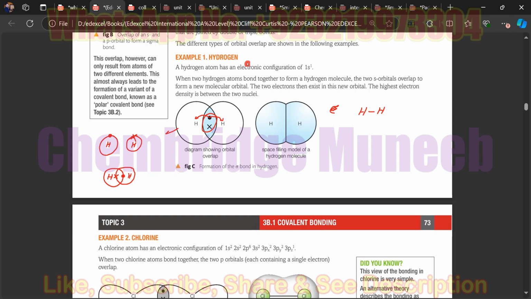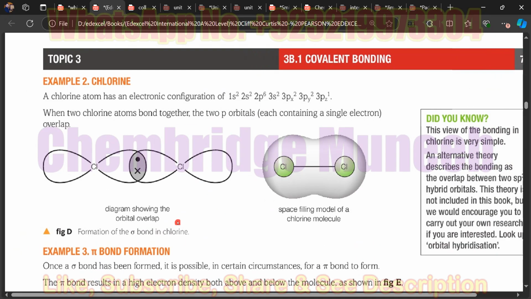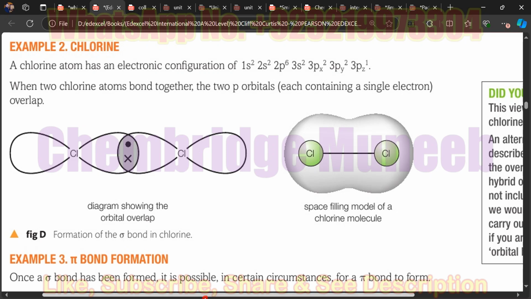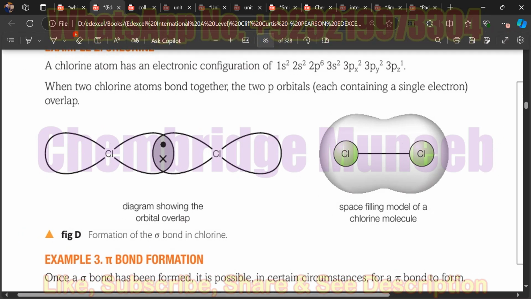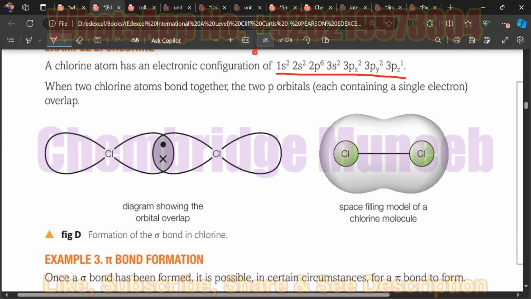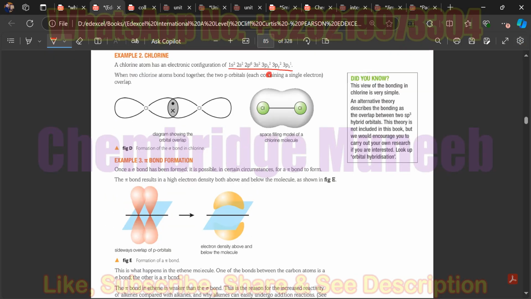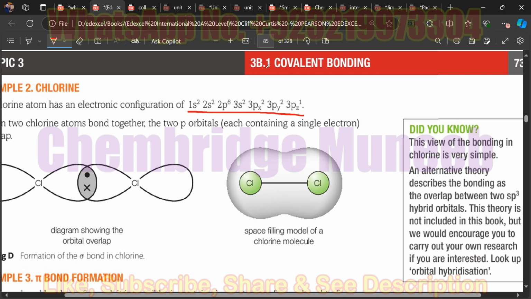Now you can also predict how many electrons the two atoms will share with each other. For that purpose, you must have clear information about the electronic configuration. For chlorine, the atomic number is... the atomic number of chlorine is, do you know that?